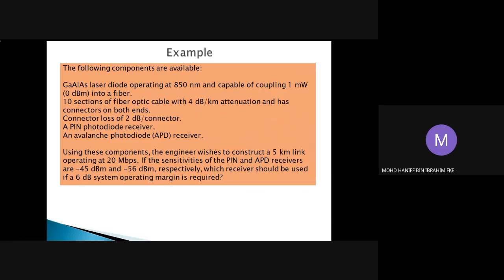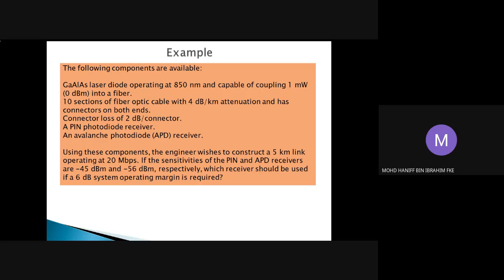No, Doctor. Okay. Right, so let us proceed with example number 2. We are given the following components available in our system: a gallium arsenide laser diode, operating at 850 nanometers and capable of coupling 1 milliwatt or 0 dBm into a fiber.